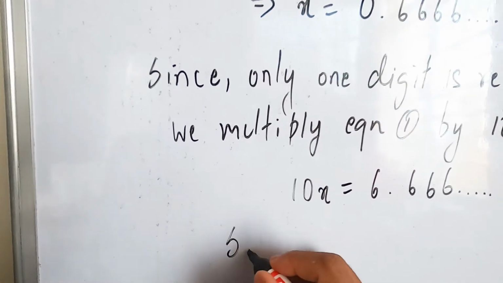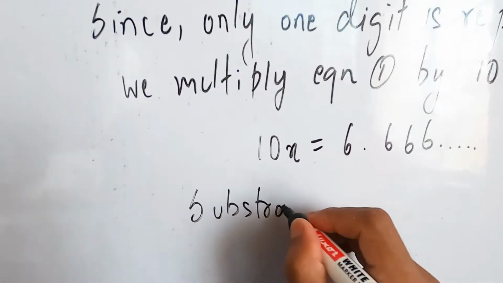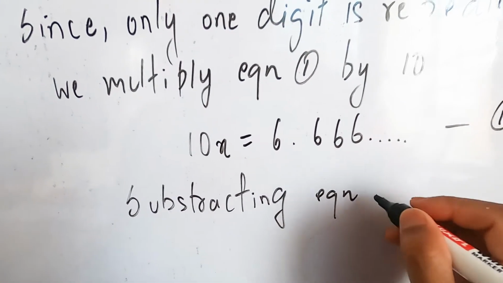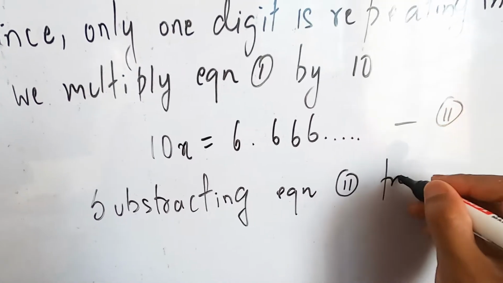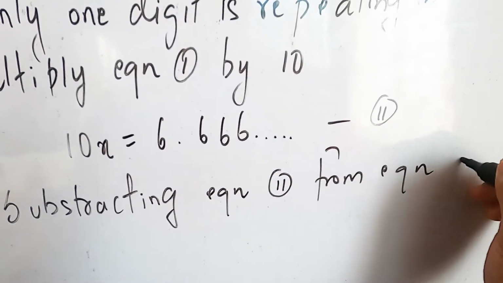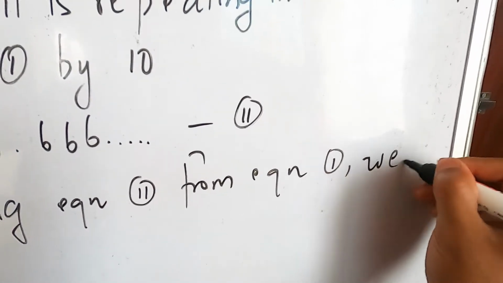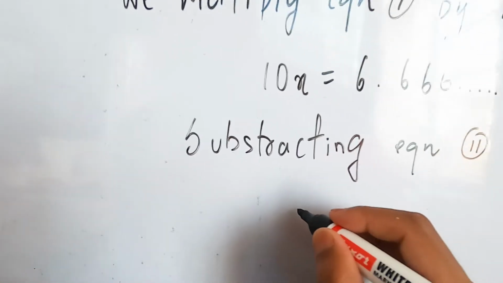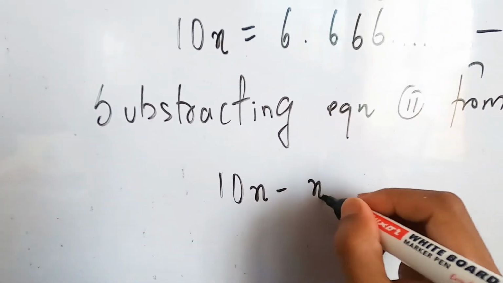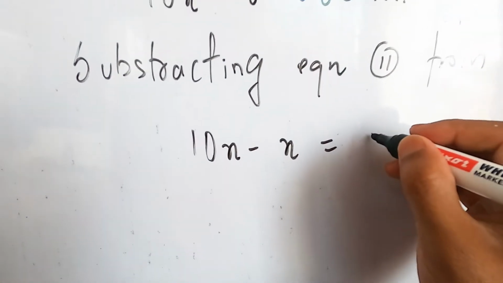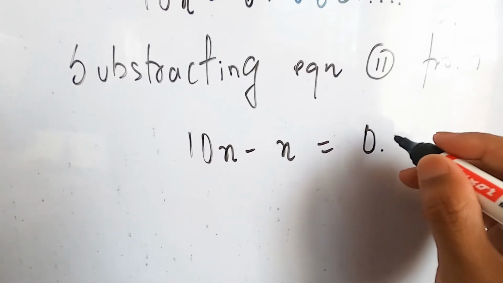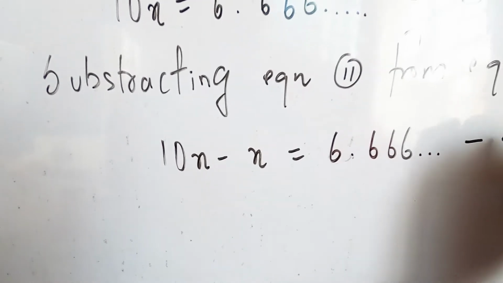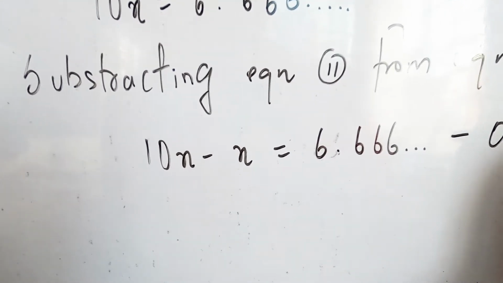Subtracting equation 1 from equation 2, we have 10x minus x is equal to 6.666 and so on minus 0.666 and so on.